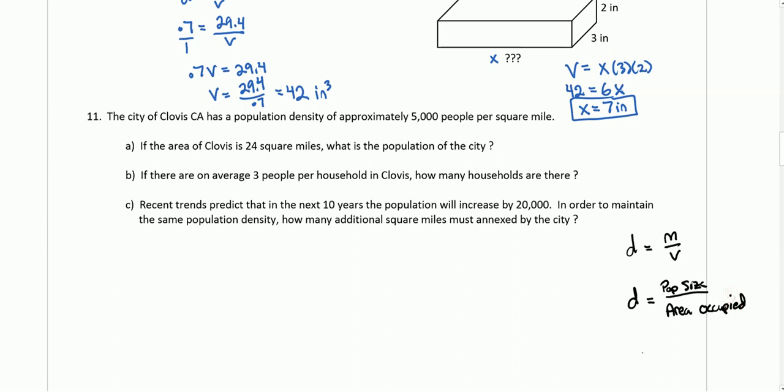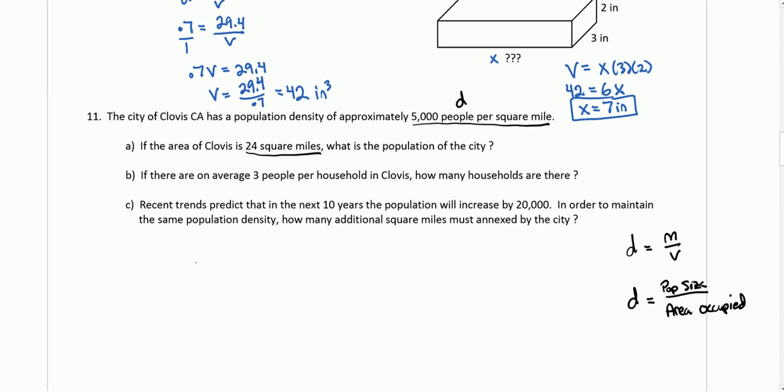Okay, and so that's what we're going to use here. So when it tells us 5,000 people per square mile right there, that's density. Okay. So if the area of Clovis is 24 square miles, what's the population?